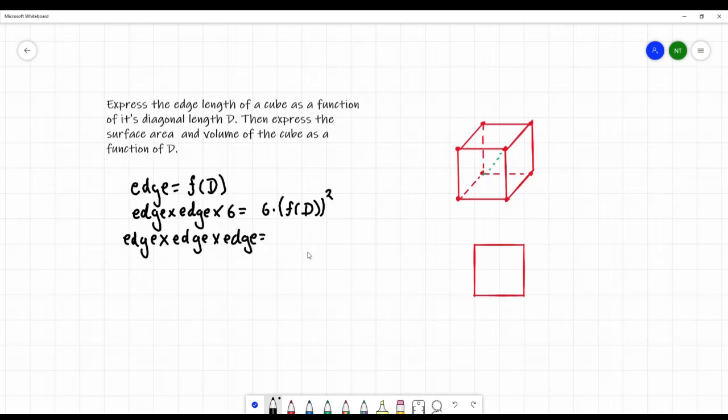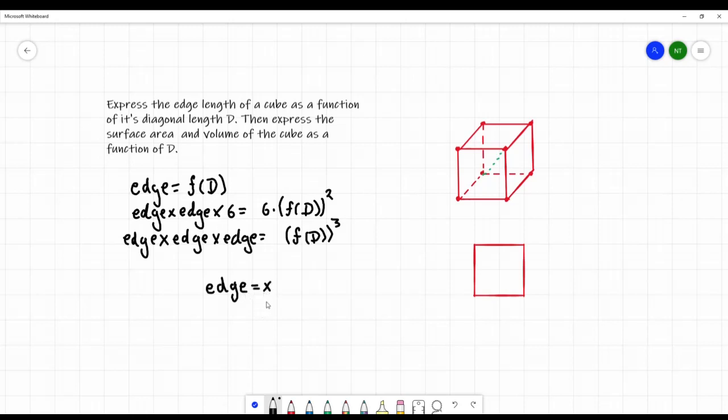Okay, and that's basically f of d cubed. So these are the 3 formulas we need, guys. And let's also label our edge to be the variable x. Just for simplicity, I don't feel like writing edge every time in the equation. So let's label edge to equal x.